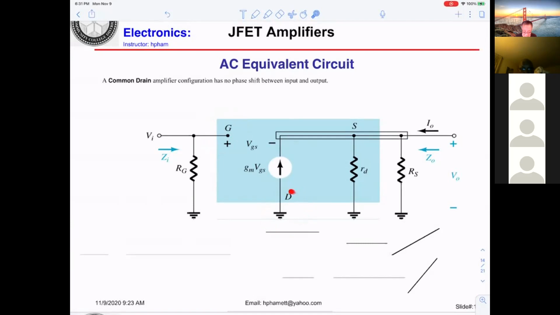The drain will be grounded, common drain. You also still get the gm times VGS current flowing, and this is the internal resistance. Ignore that. And you can see what the output impedance is right here.